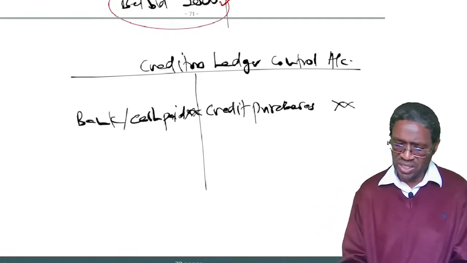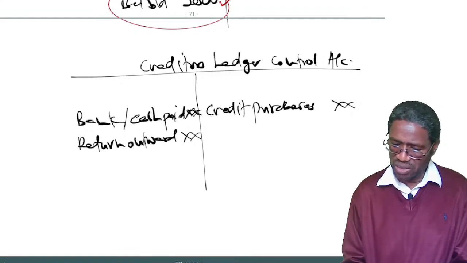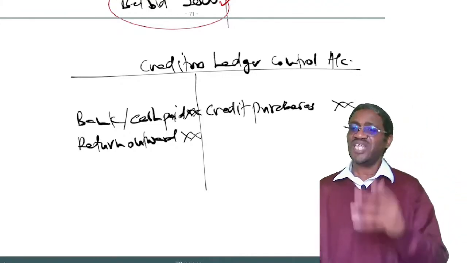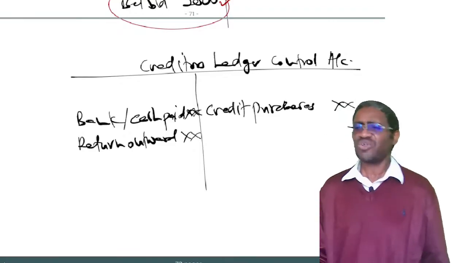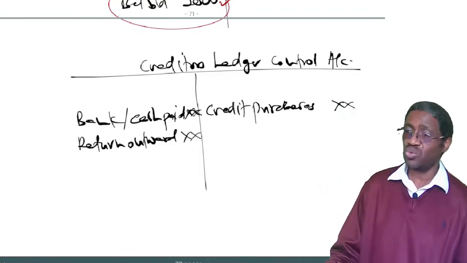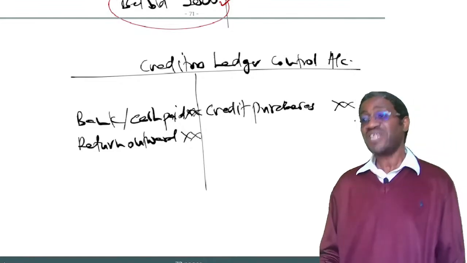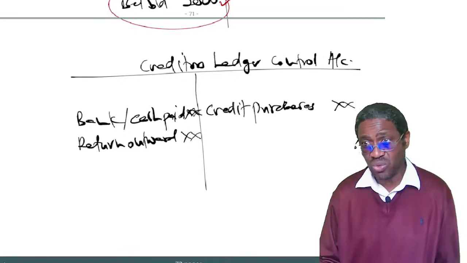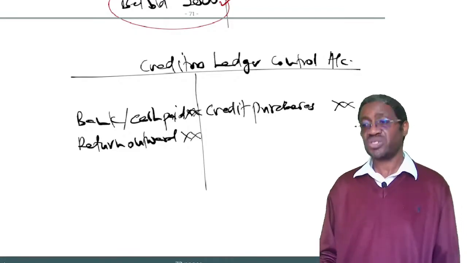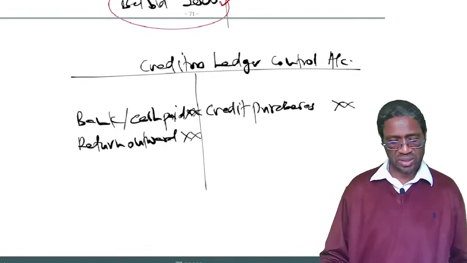So when you have things like return outwards, you remember when we were looking at the double entry topic, we said they are also known as purchases returns. You reduce what you owe to your suppliers by debiting your creditors with the return outwards, which we also call purchases returns. Good.